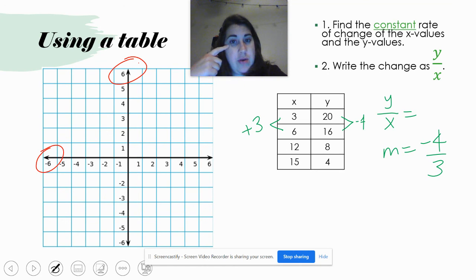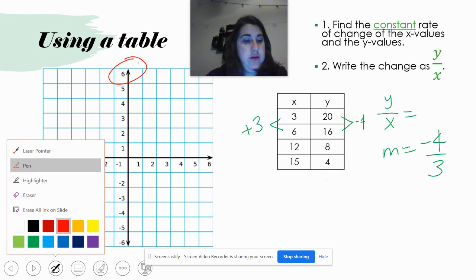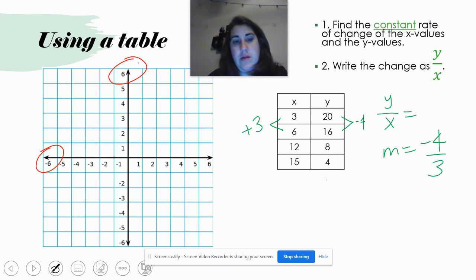I know my line is going to be a negative, so I can plot my slope.